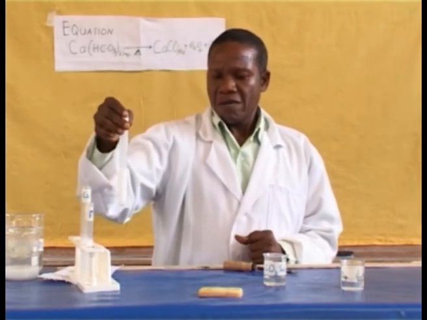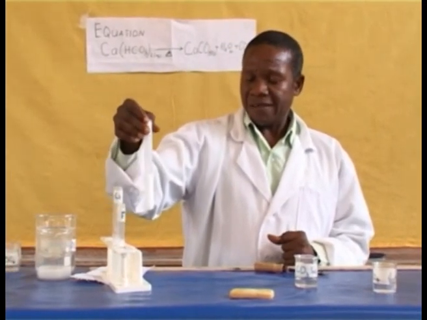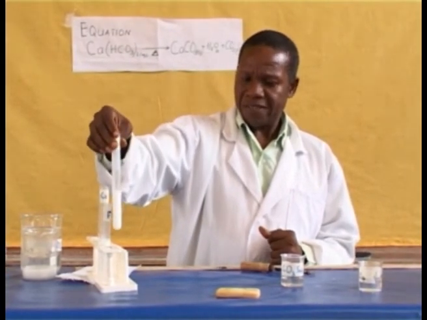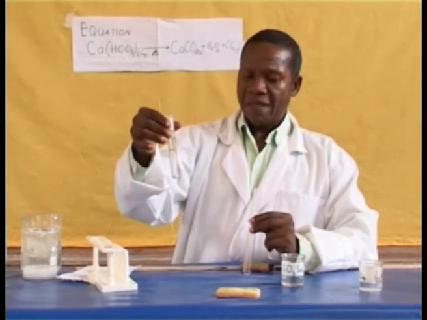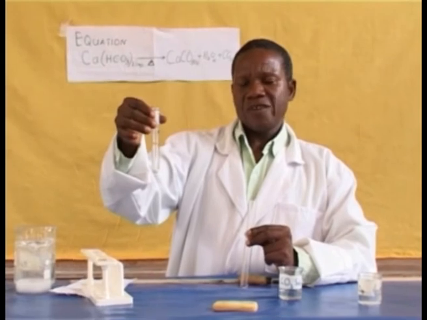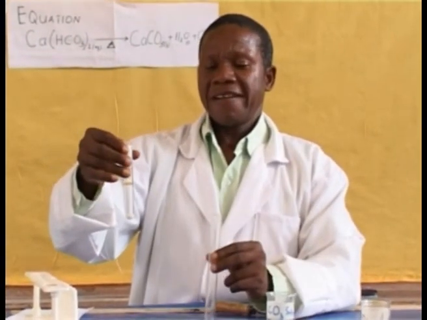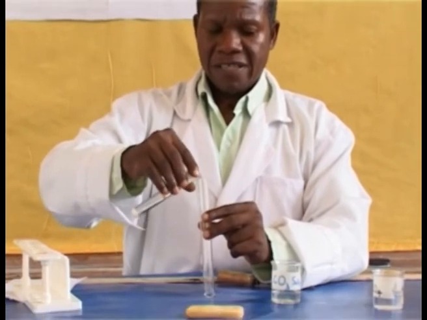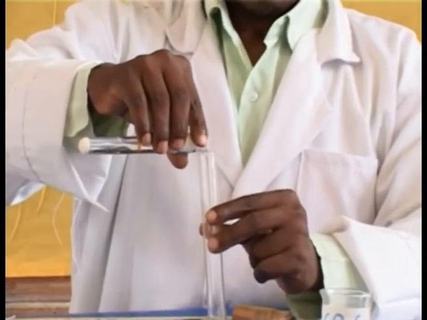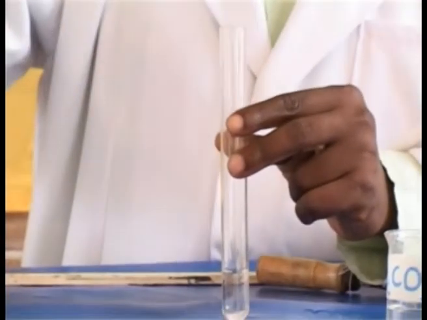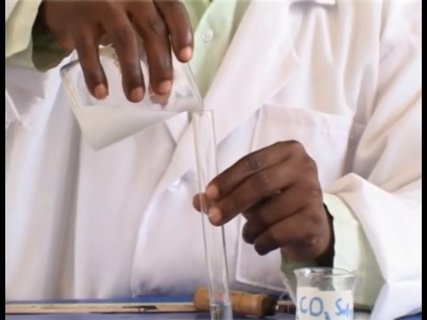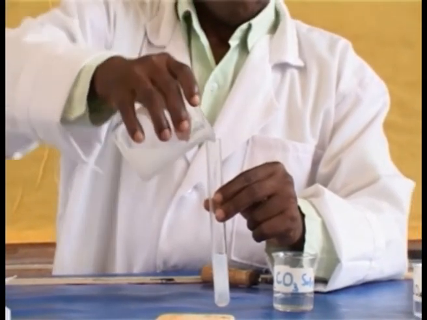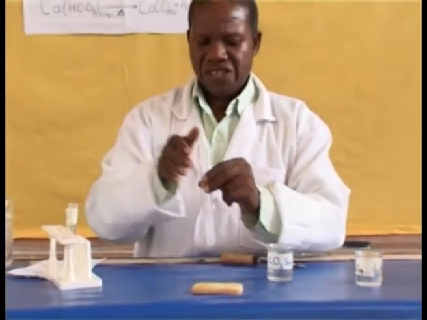We can leave this in the test tube rack so that it will settle. After a few minutes, it will settle, and then decant into another test tube. Add soap solution. Shake.